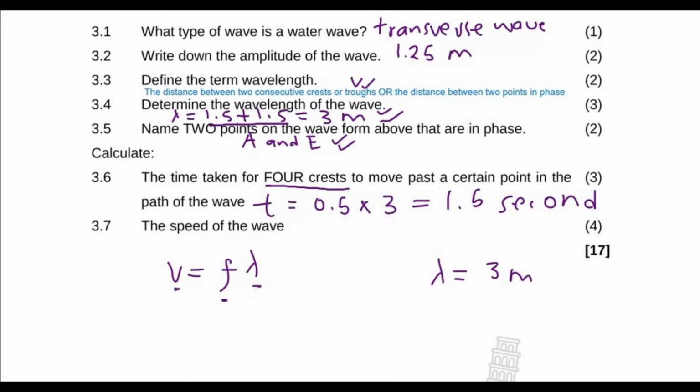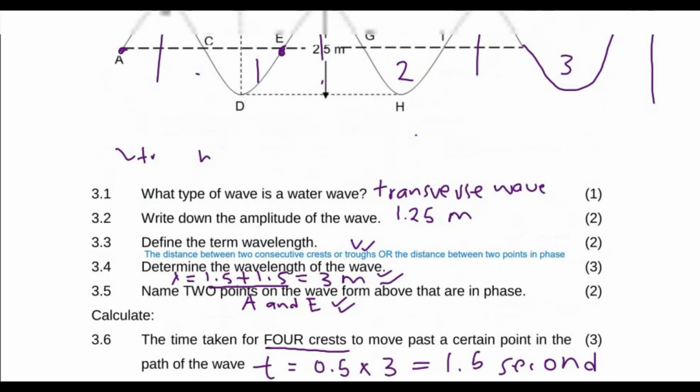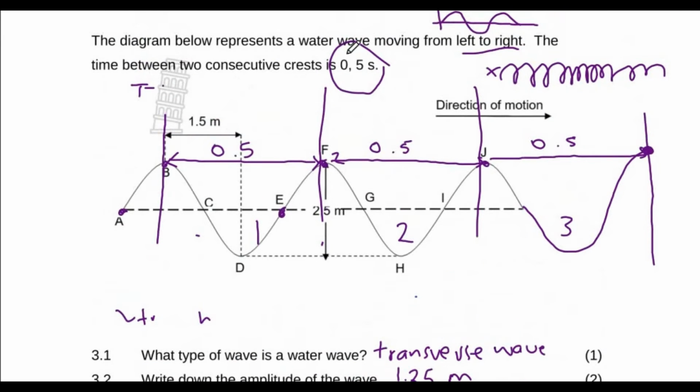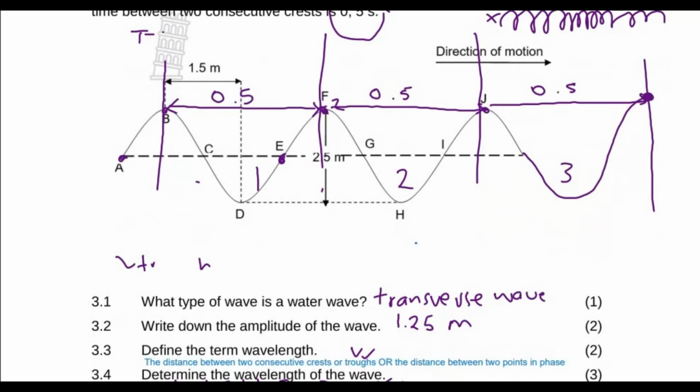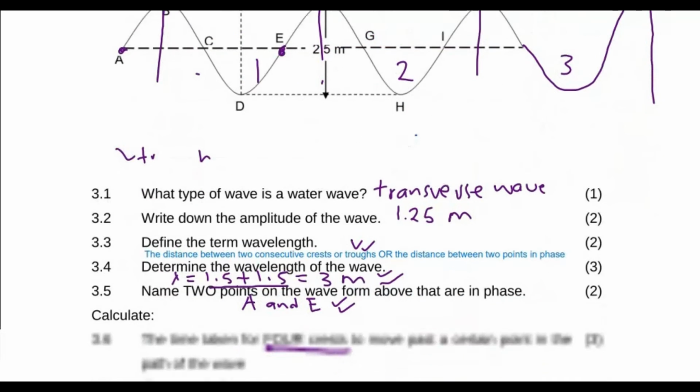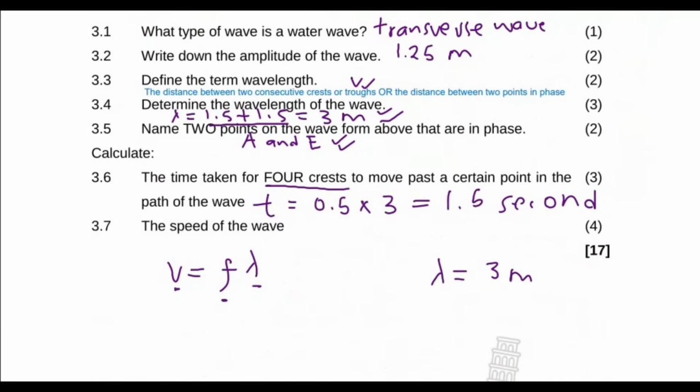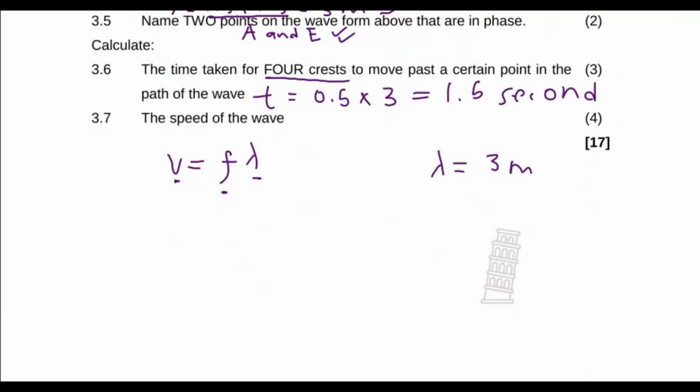We don't have the frequency, but we know the period T, which is the time taken between 2 consecutive crests, or between 2 consecutive troughs, or to complete one complete wave. That period T equals 0.5 seconds.